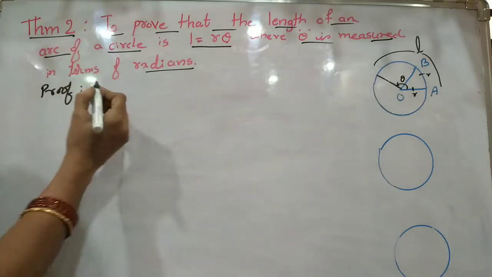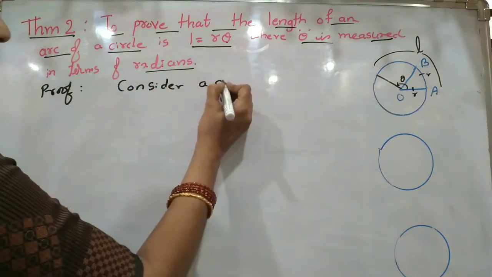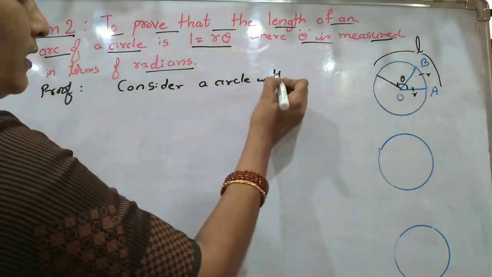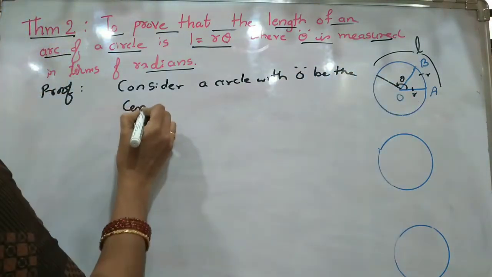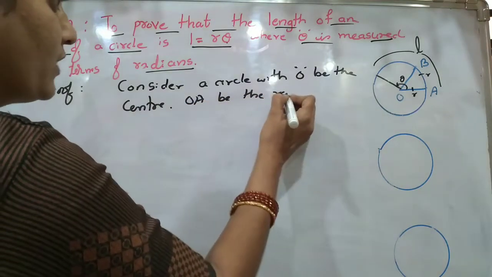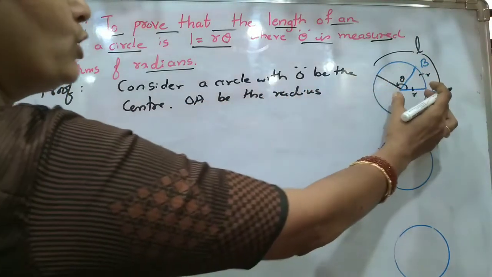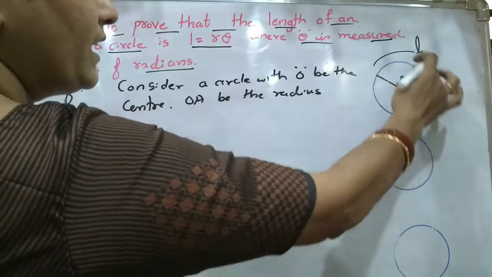In order to prove this theorem, first we consider a circle, let O be the center. Then OA is the radius. Now, choose an arc AB on the circumference of the circle.